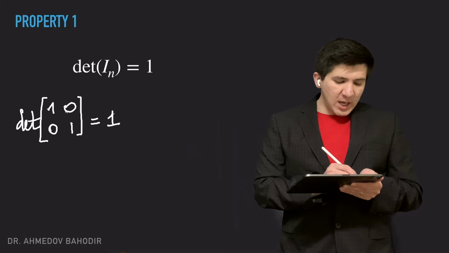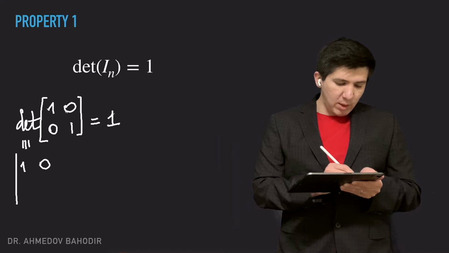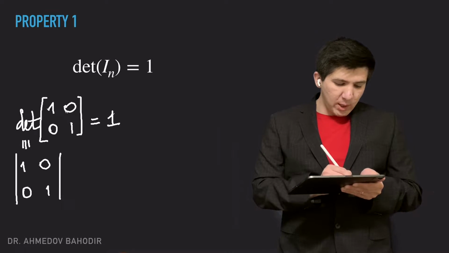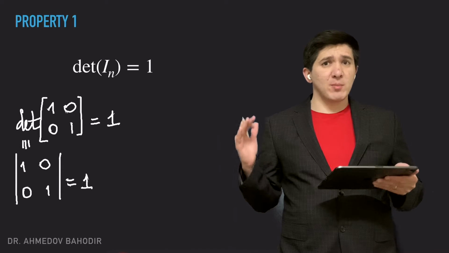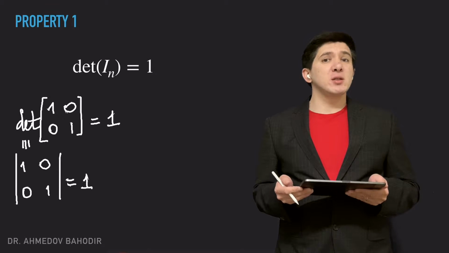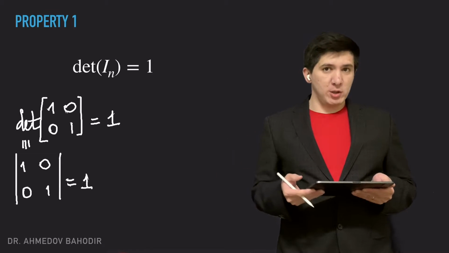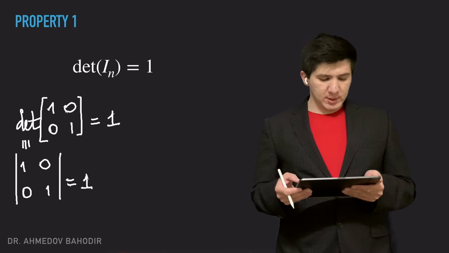In terms of notation, this notation is equivalent to this one, 1, 0, 0, 1, and this is equal to 1 again. So either you put the matrix with brackets and put the word determinant before that matrix in order to denote the determinant, or you just put the two vertical lines around your matrix.